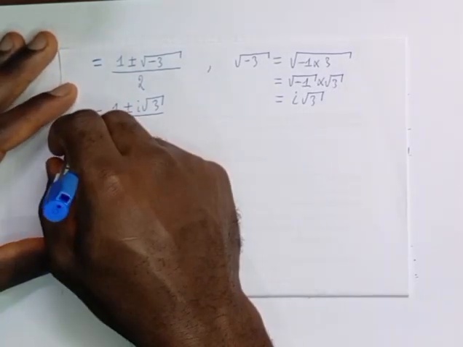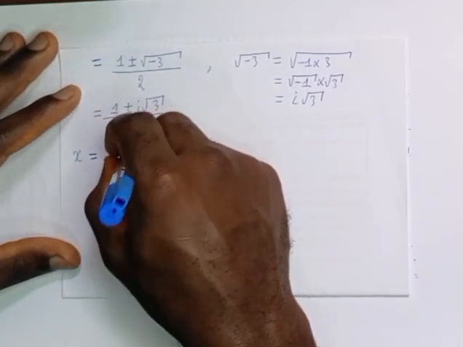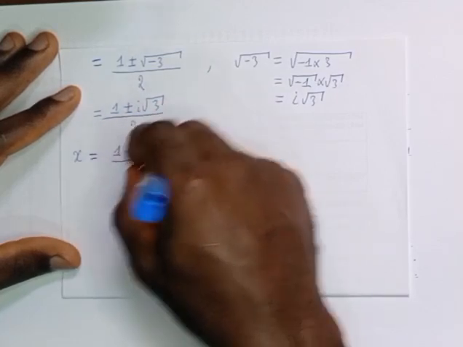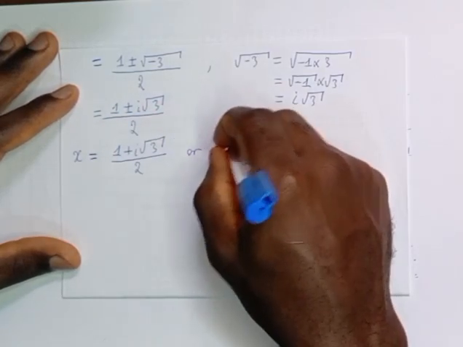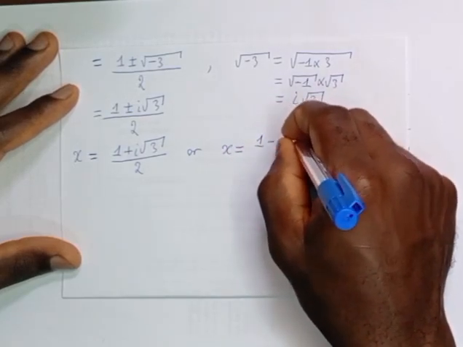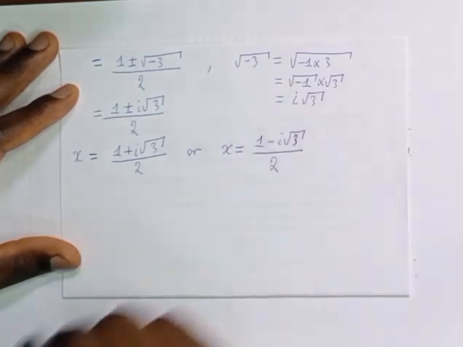It simply means x is equal to 1 plus i root 3 all over 2, or x is equal to 1 minus i root 3 all over 2.